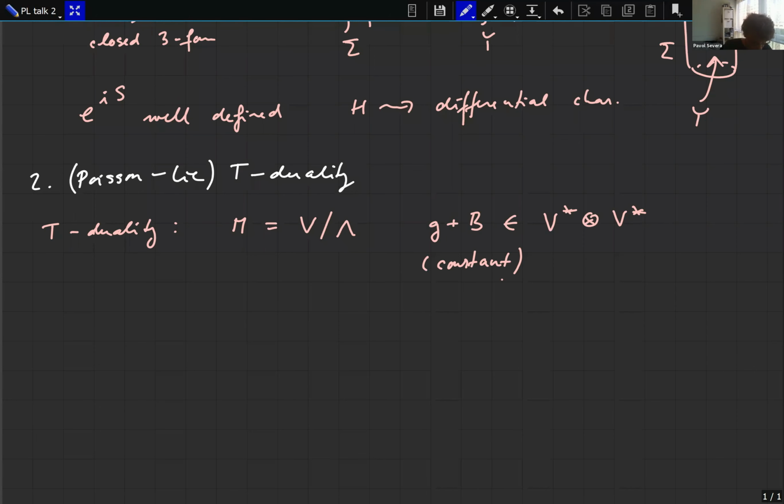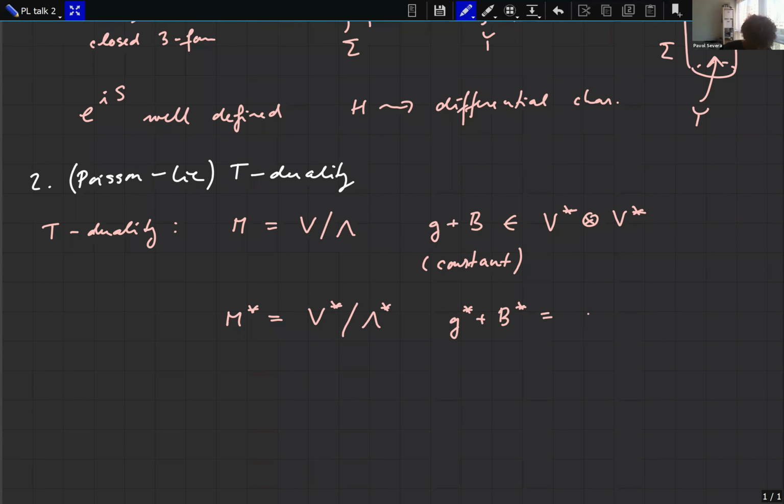Okay, and we can now take the dual torus. So one can take the M star, which will be by definition V star modulo the dual lattice, lambda star. And now what do we take for G and B on M star? Let's call them G star and B star.